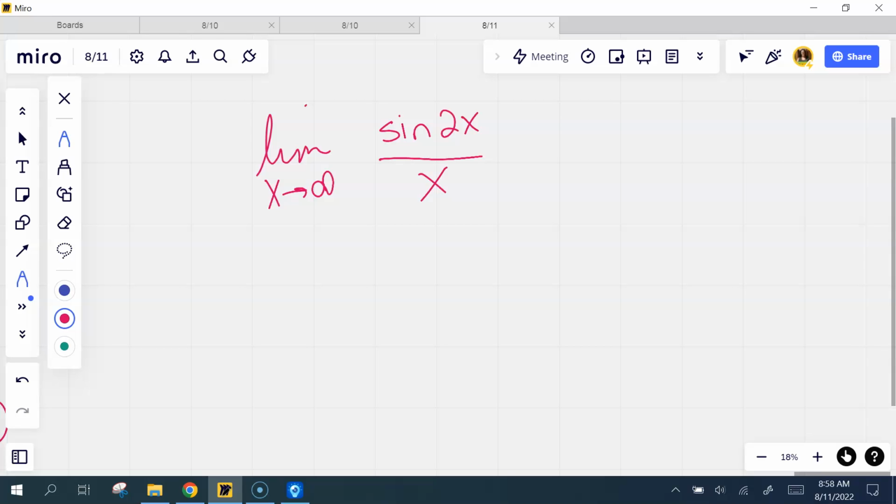No, because at the end of the day, no matter what you're plugging in there and you're evaluating the sine at any particular value, it's still between -1 and 1. Sure, you can probably guess what this is going to be before you even work it.